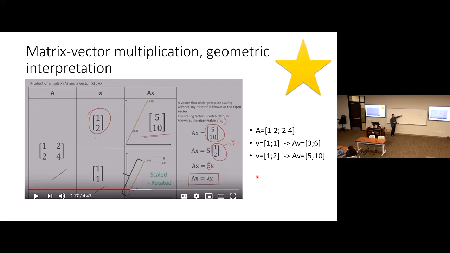I can use this to multiply with a vector, for example, let's use x as an example. My x is 1, 1. So this is the vector.